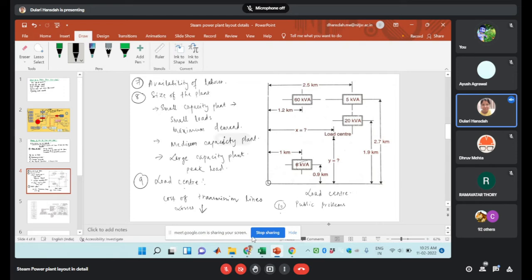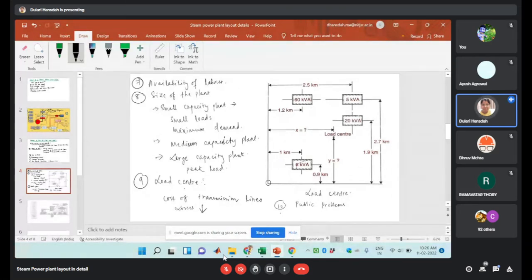Okay. Public problems means in that case, as you all know, this thermal power plant will discharge smoke and fly ash to the atmosphere, right? So there should not be much problem to the public, so that they will not create any problems.